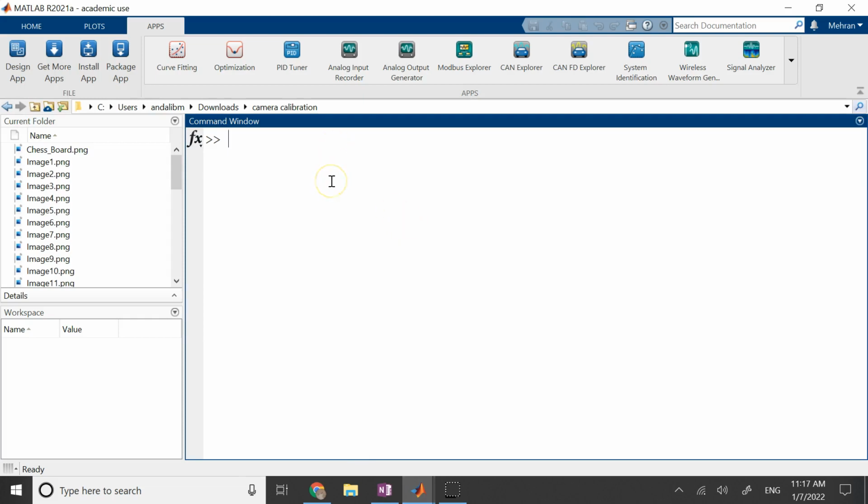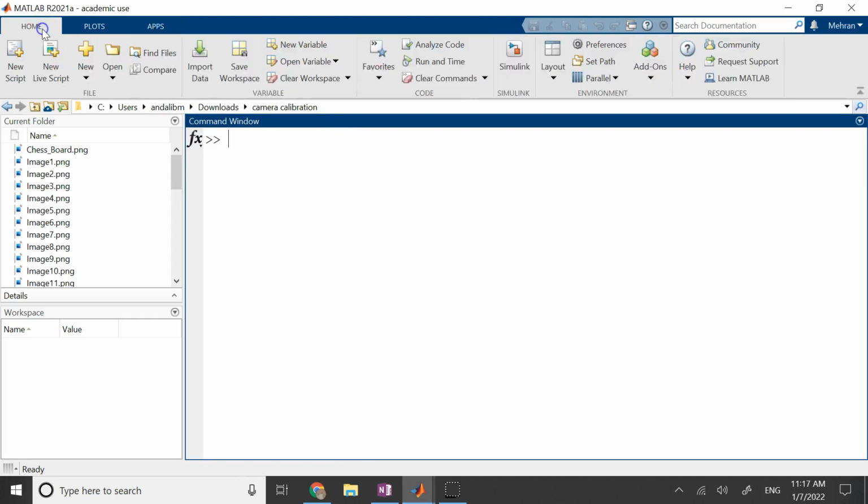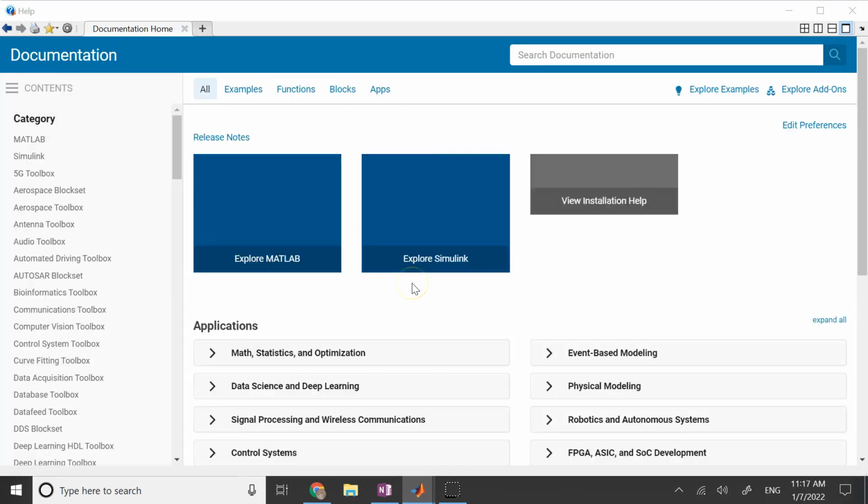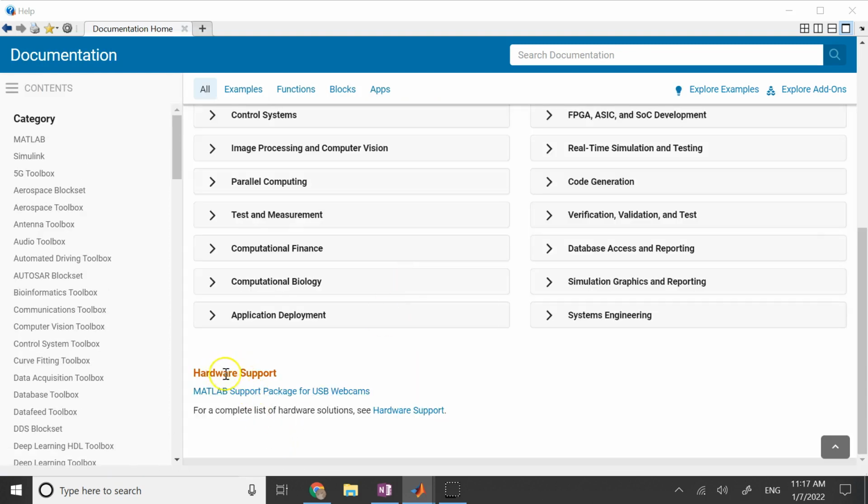that is already added to MATLAB, then you have to add the hardware support package for it. When you go to MATLAB help and you click here, once you go down below, it shows all of the hardware support packages that you have installed. And if you need to use a USB webcam, you have to install the MATLAB support package for USB webcams.